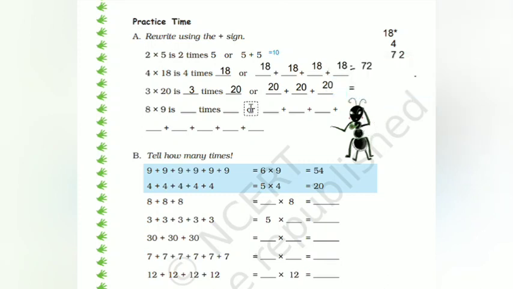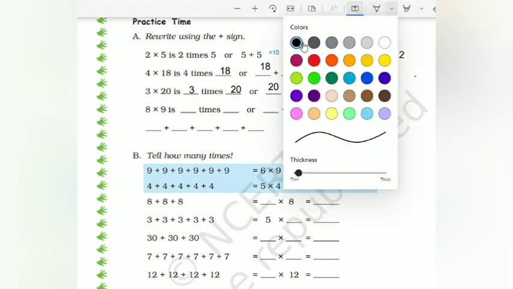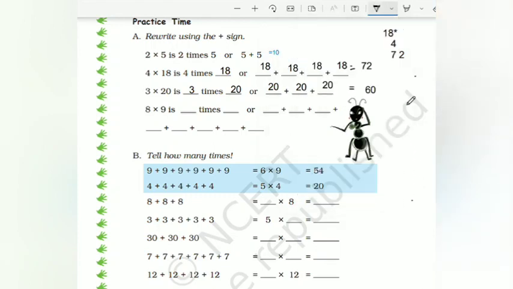Then 2 plus 2 plus 2 is 6. So 60 is the answer. So 3 into 20, or 20 plus 20 plus 20, is equal to 60. Here we can write 20 into 3: 0 into 3 is 0, 3 into 2 is 6. So 60 is the answer.